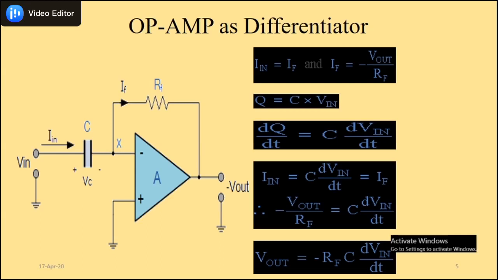So dq by dt is equal to C dV in by dt. By equating these two values, we get minus V out by RF is equal to C dV in by dt. So the final expression for the output voltage is minus RF C dV in by dt.